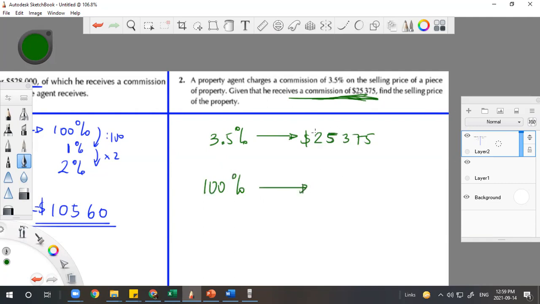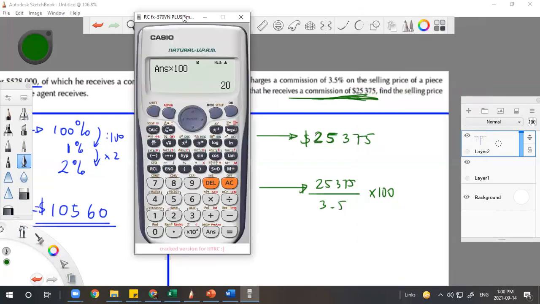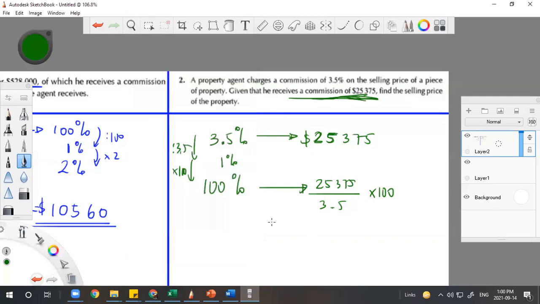Divide by 3.5 and times 100. Divide by 3.5, multiply by 100. Then calculate. 25,375 divided by 3.5 times 100, wow, it's a huge amount of money, 725,000.